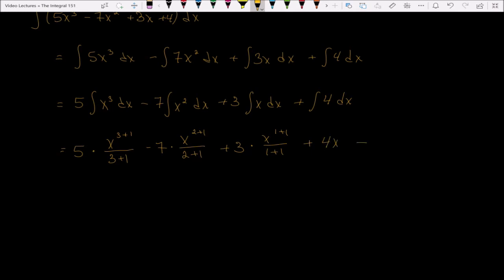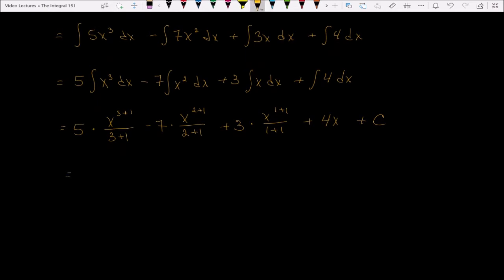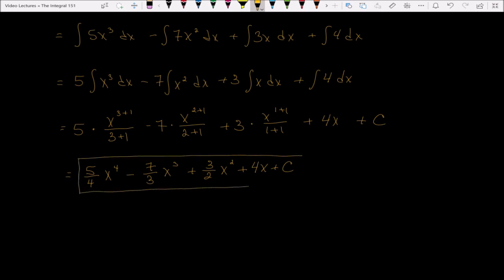And at the very end, just add an arbitrary constant. Now if we simplify this, we'll have 5 over 4 x to the 4th minus 7 over 3 x cubed plus 3 over 2 x squared plus 4x plus our arbitrary constant. And this would be our antiderivative.